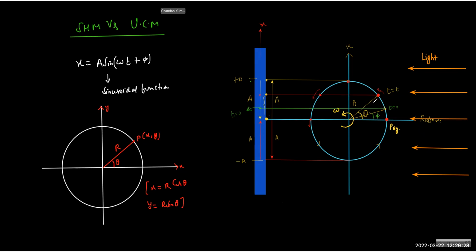And this angle you traveled in time t, this is called omega t, because you are moving with angular speed of omega. But omega in this context is called angular frequency, because there is no physical movement on a circle. It's just a mapping actually. So you're mapping the straight line motion onto a circle, and one oscillation is equivalent of one complete circle.